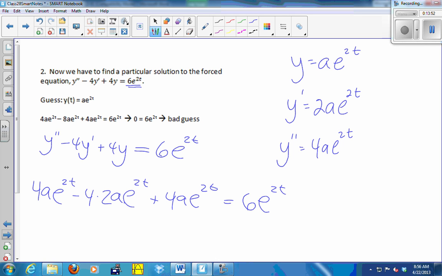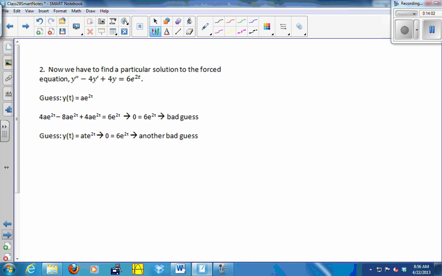But when that doesn't work, we just threw in a t. Anybody remember? You just throw in a t. So we would try maybe a t e to the 2t. So this is our second guess: A times t e to the 2t. So we just throw in a t. It also doesn't work.